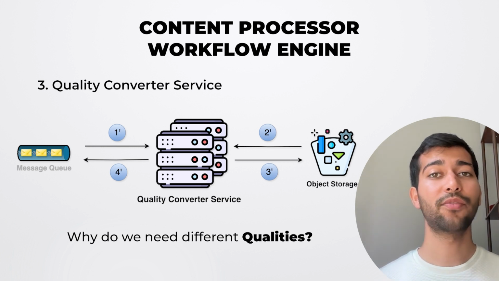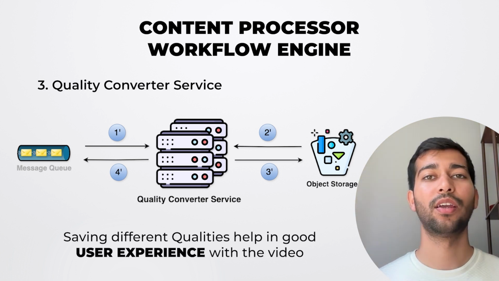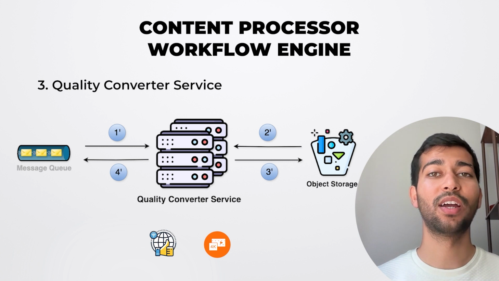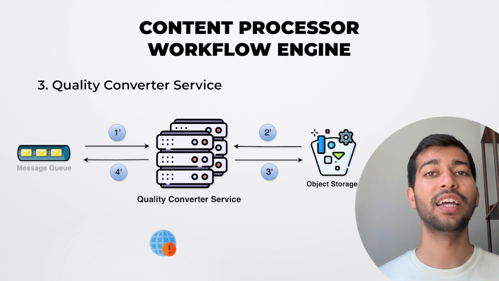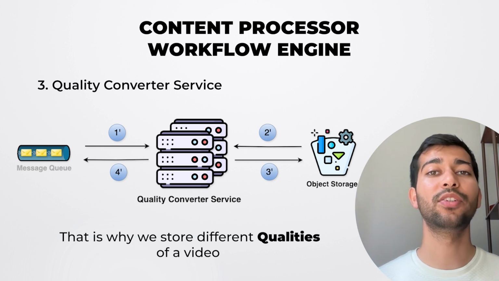Well, saving different qualities of a video is necessary so that the user has a good experience with the video. For example, if the client has a good internet connection, they will be given a 4K video, and if they have a weak connection, they will see a 240p video. And that is why we store different qualities of a video.